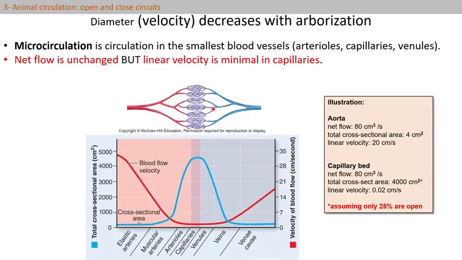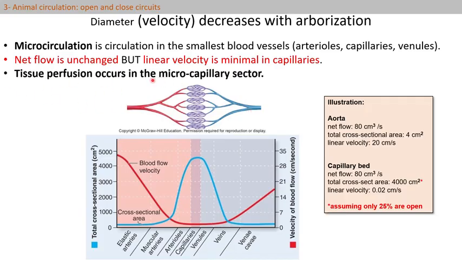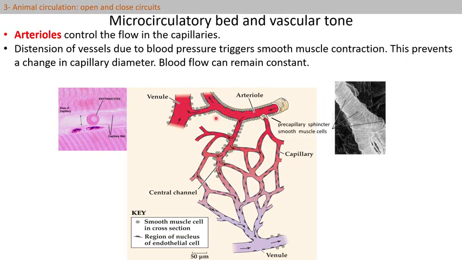And just by the design of the circuit, where you need no more exchange, you have fewer vessels and therefore much more velocity. So tissue perfusion, which is the name of exchanging these nutrients with the tissue, or gas, occurs at the microcapillary sector where the blood is slow.